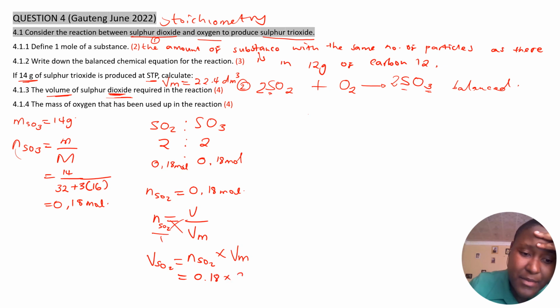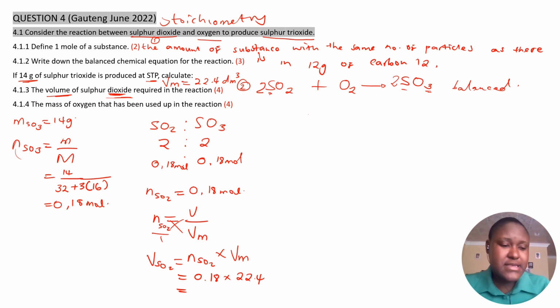0.18 multiplied by 22.4 cubic decimeters. Let us get that very quickly. 0.18 times 22.4 gives you 4.03.